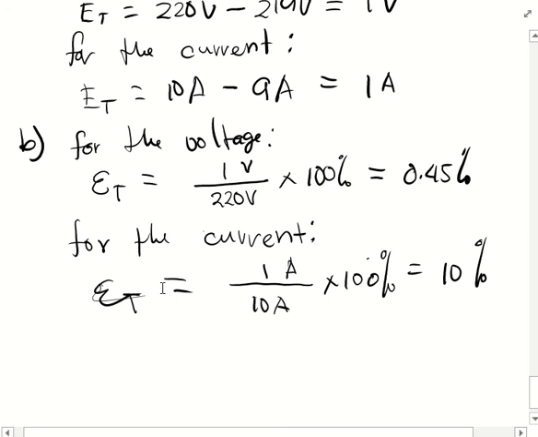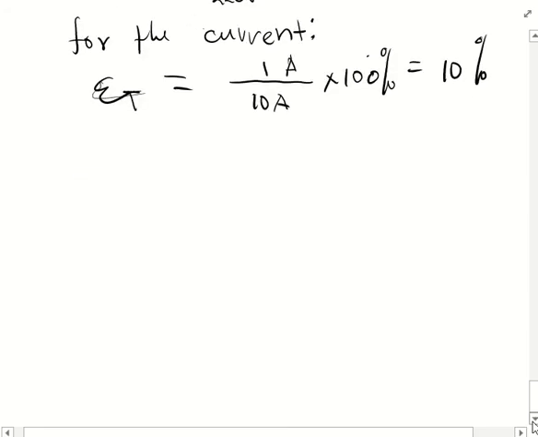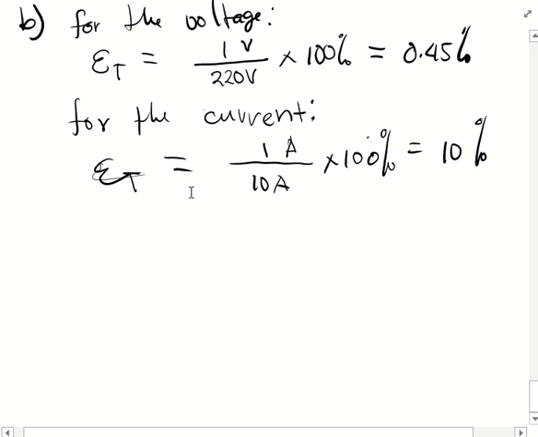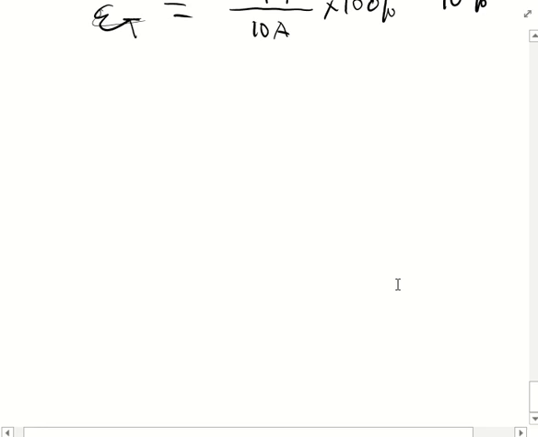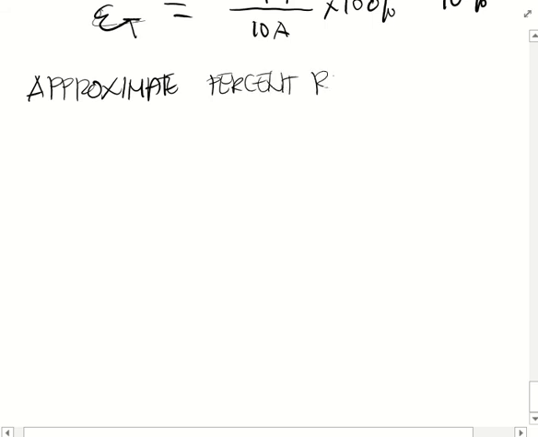So there's another way of measuring error without knowing the true value, although we still need to know the concept behind this true error. That error, we call it the approximate percent relative error.